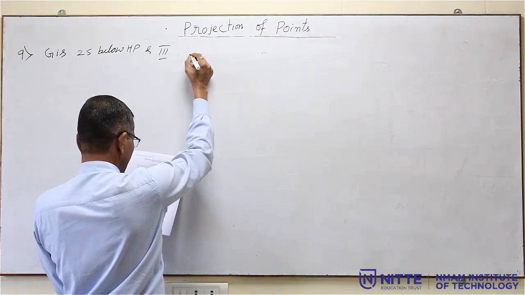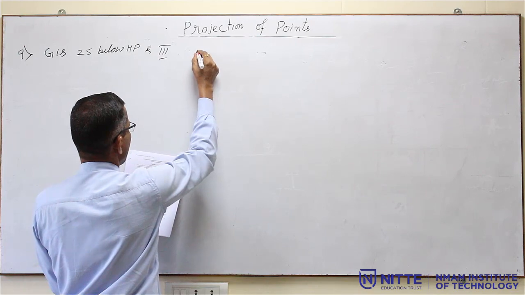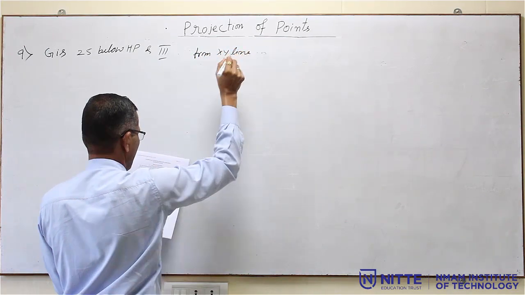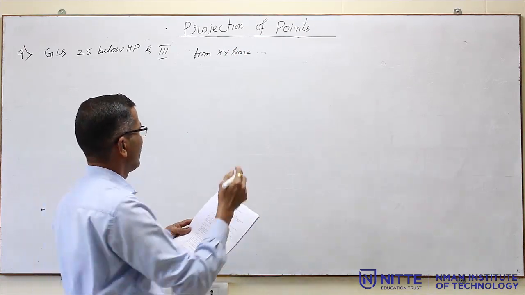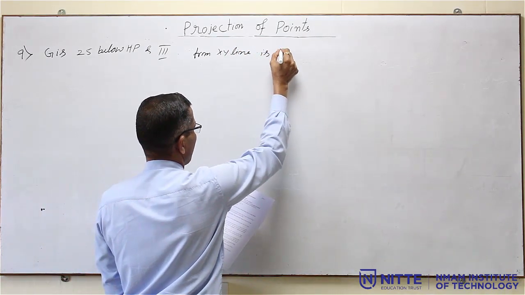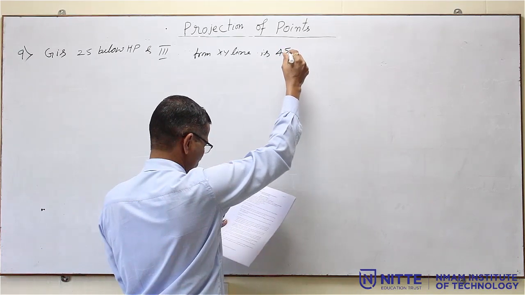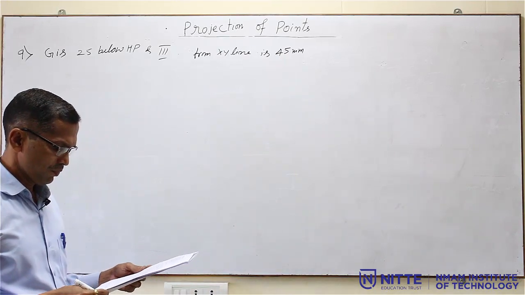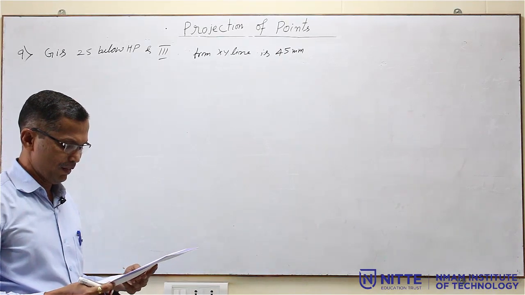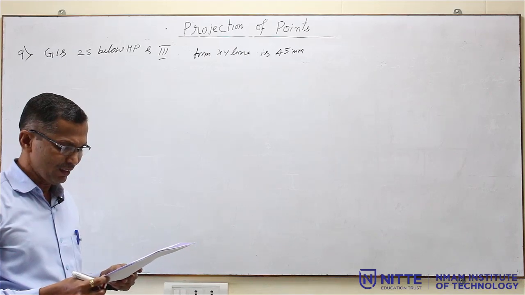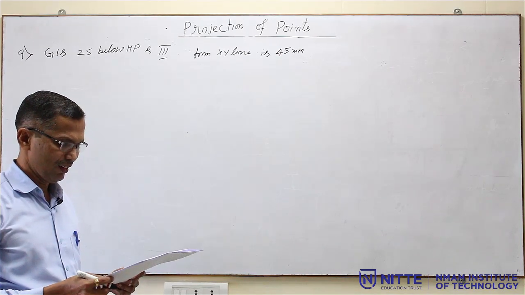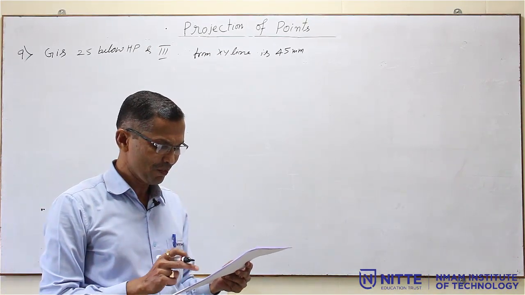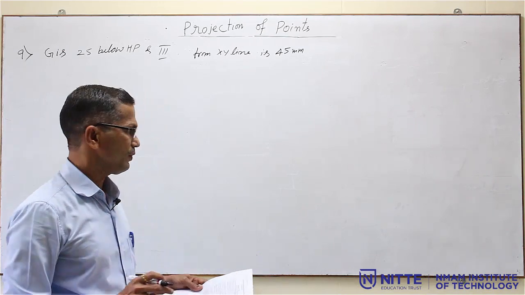Full stop. Its shortest distance from XY line is 45 millimeter. Draw its projections and its distance from vertical plane.